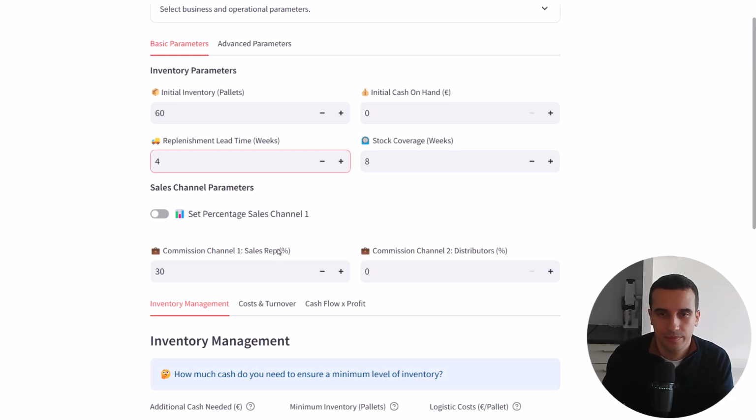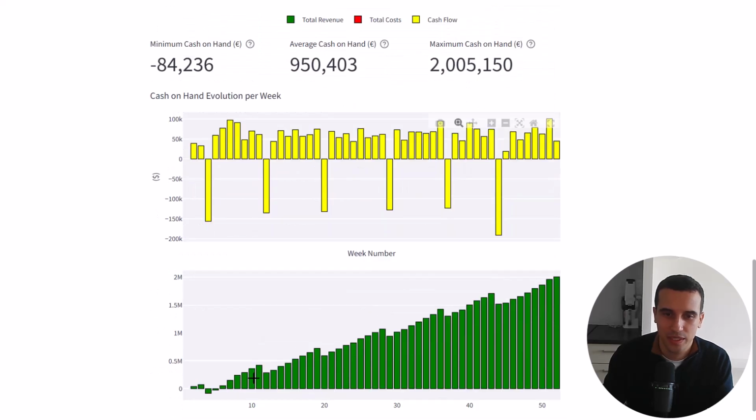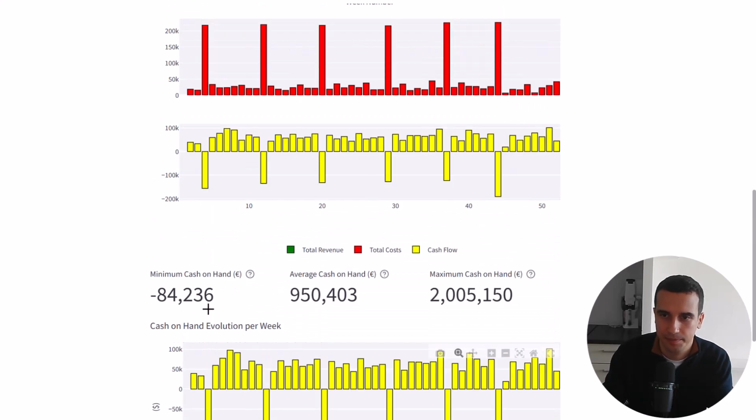Then what I told him is, let me show you quickly here. What we can see is that we have some cash on hand because we have to pay, if I remember well, the supplier plus the freight forwarders, but we are still not paid by the distributors. So that's why we are here with a kind of negative that we need to absorb with the initial cash on hand.